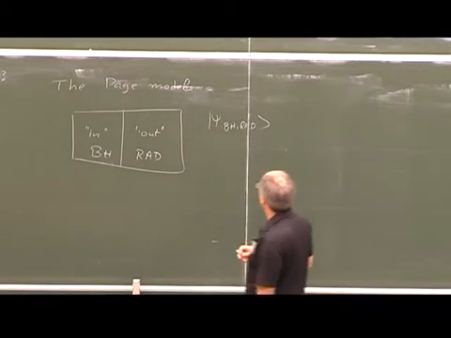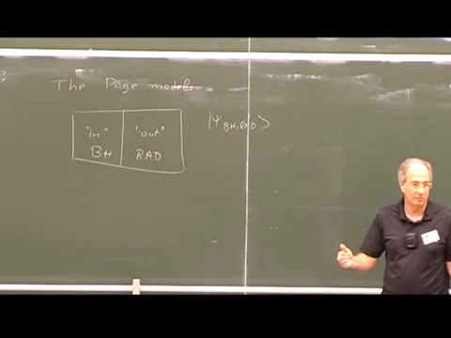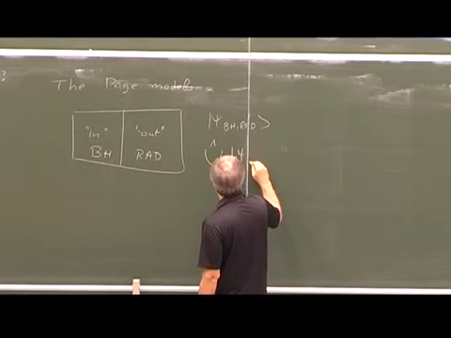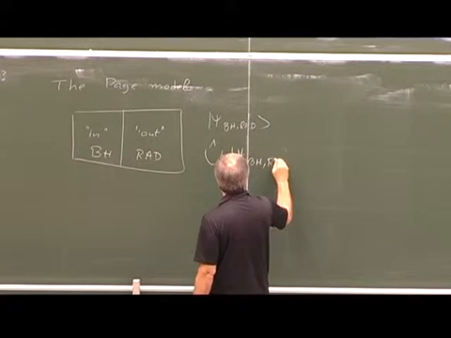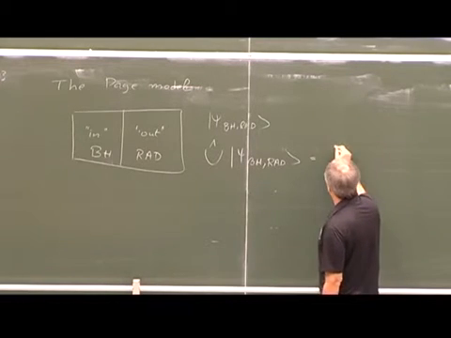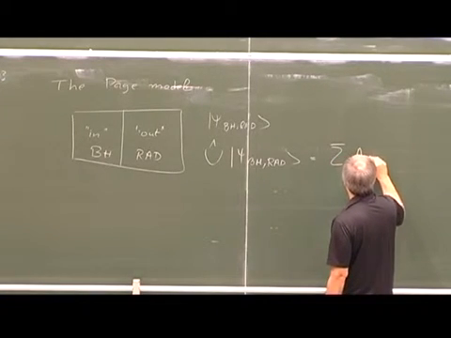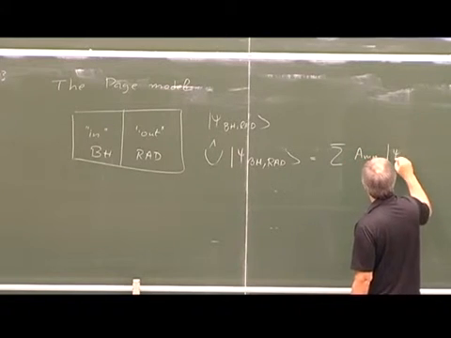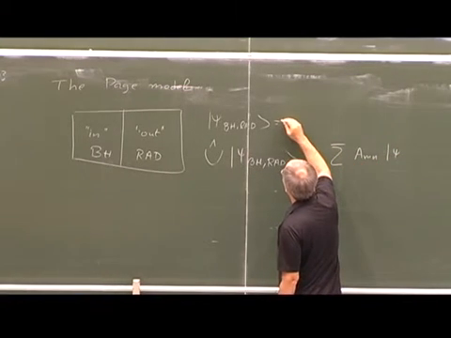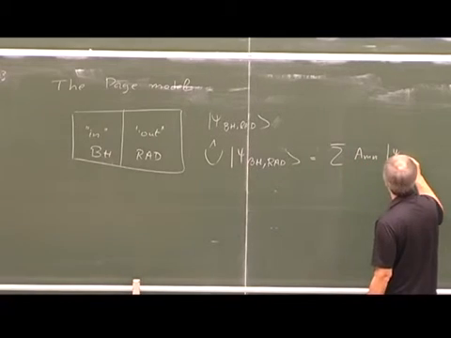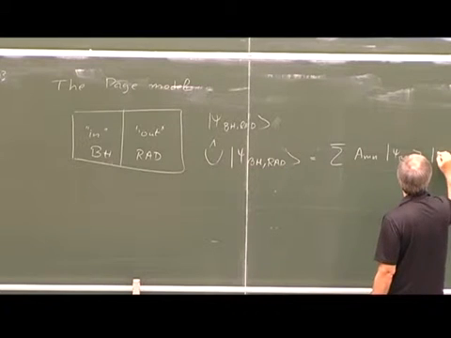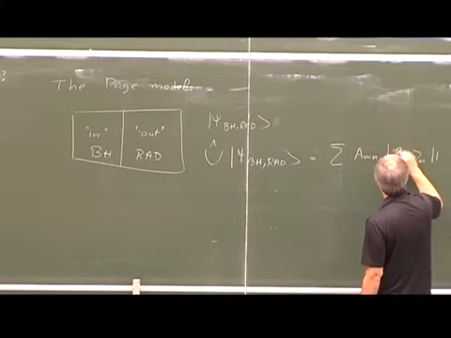And then there is some unitary evolution operator, U, that acts on this state. And after a while, in a schematic way, we can write it like so.